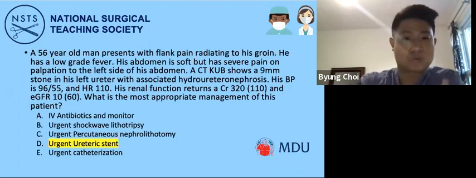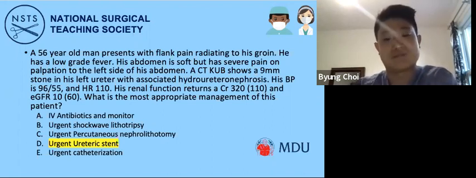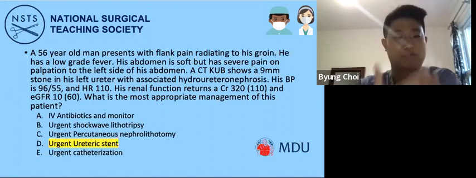Another option I'm sure you are aware of is a nephrostomy as well. But I think in these types of MRCS questions, it'd be very, very harsh to add in an option for a ureteric stent as well as a nephrostomy, because both are legitimately good options potentially, but you would need a lot more information about the patient.